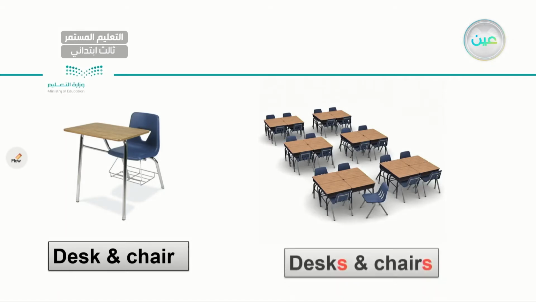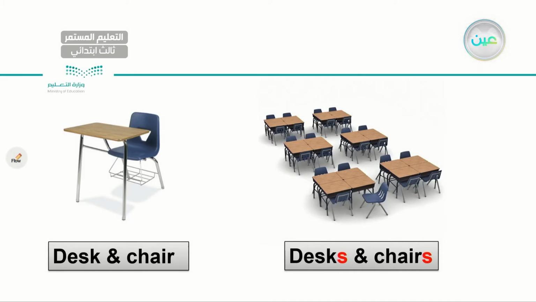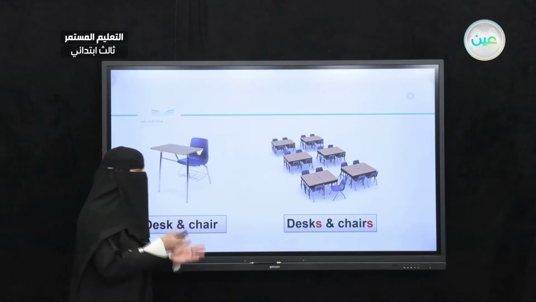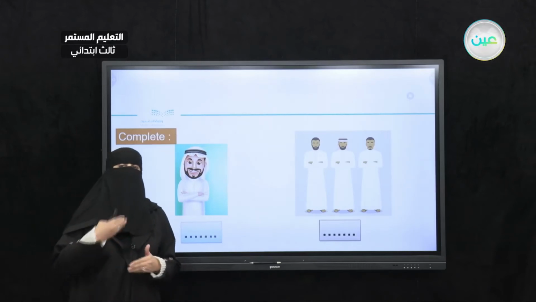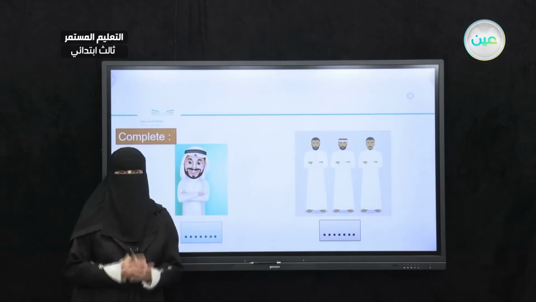I have desks and chairs. Very good. As you can see, I have S for plural. Desks, chairs. Okay, so to your left, I have a singular, 1. To your right, I have the plural, desks and chairs. Very good. But now, let's practice the irregular nouns.